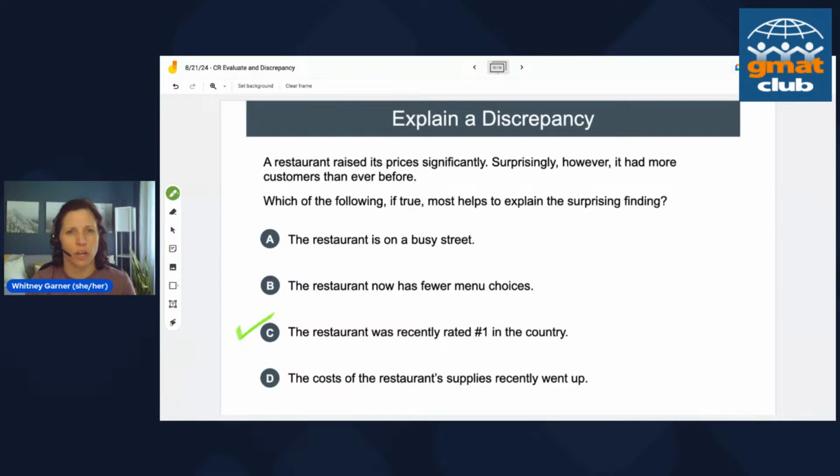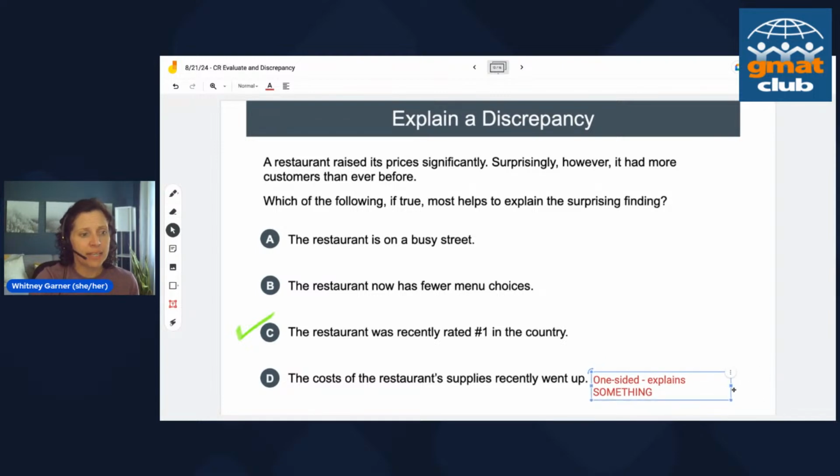And I want to talk to you about why they end up being traps. So for example, answer choice D is what we might call one-sided, in the sense that it explains something.